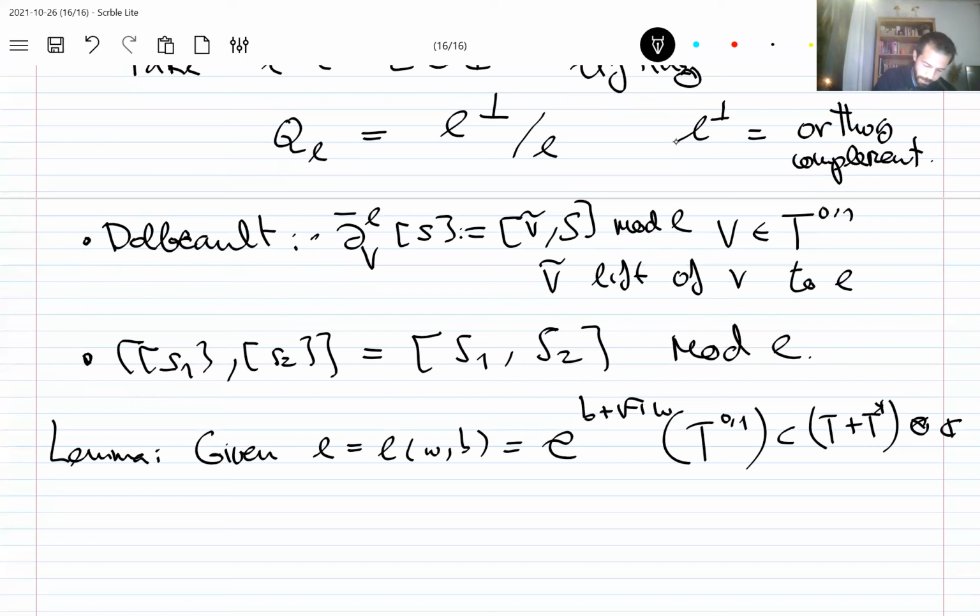So here I'm fixing H naught, a 3-form on X, which is real, which defines the Dorfman bracket. And this is a lifting, giving L a lifting.